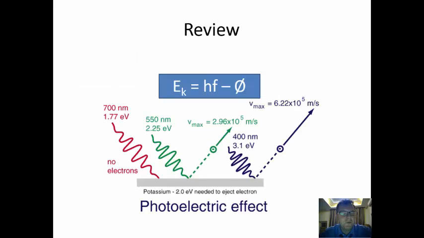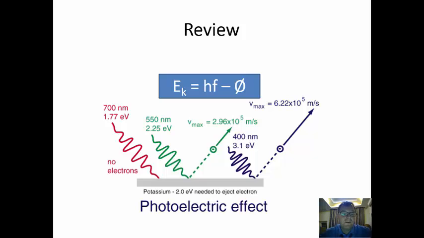So in review, we have to recognize that if light of a low frequency, so a longer wavelength, strikes, in this case, potassium, then there's not enough energy provided for the photoelectric effect to take place.